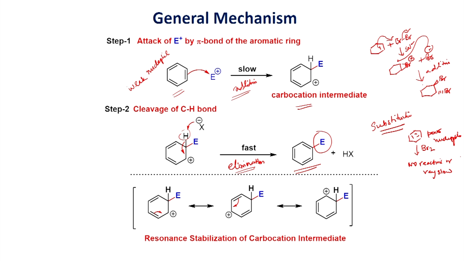On the other hand, as soon as you add a Lewis acid, for example FeBr3, the reaction readily takes place and you get the substitution product. There is no addition product observed.